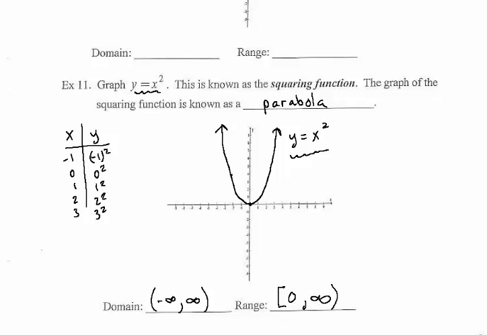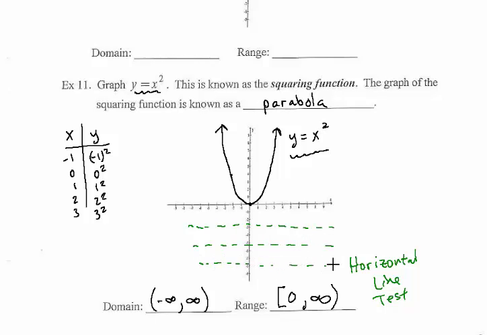And if you remember what I said from up above, for the range we perform what's called the horizontal line test. We just pick random places in our graph and draw horizontal lines. And if you draw any horizontal line below the x-axis, you can't hit the function. None of these lines below the x-axis cross our function.